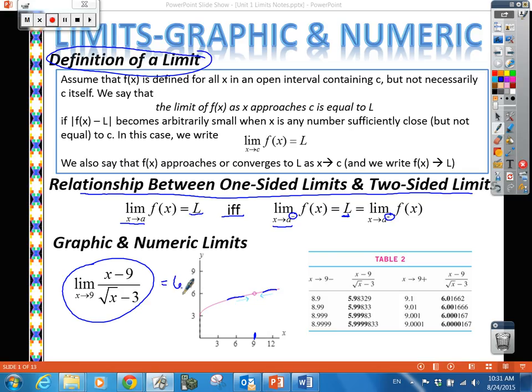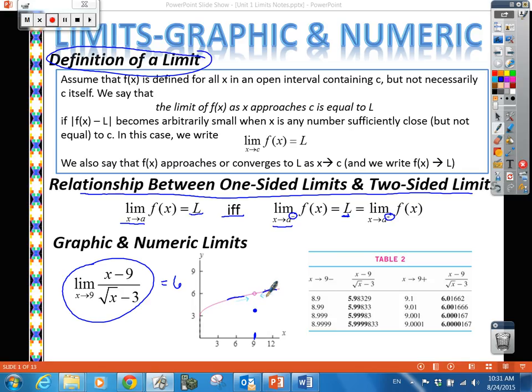Okay, that is something that really trips students up, this little hole right there, especially if I were to add a function value there. If I add a function value here, many students would just be confused as to what to do. So let's talk about that scenario. If I have a function value here, that's off the beaten path. All right, I have to stay on the road, or the function, in order to look at a limit.